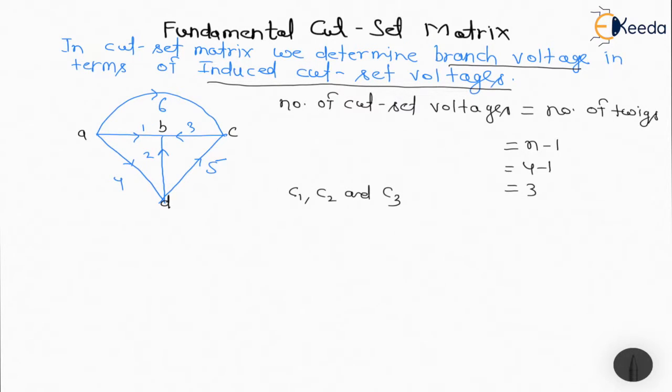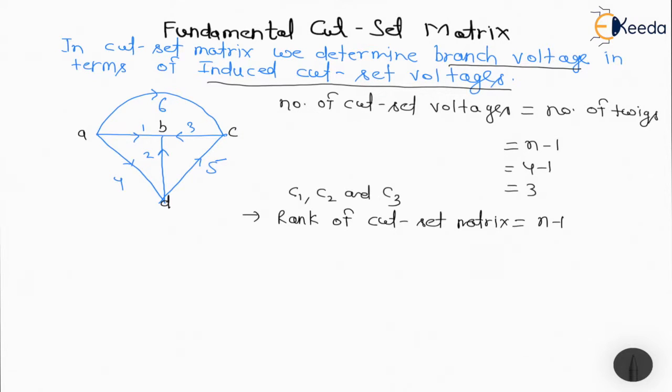The second point is the rank of the cut set matrix, which will be equal to n minus 1. But in case of the tie set matrix, the rank was b minus n plus 1, which is equal to the number of links present.